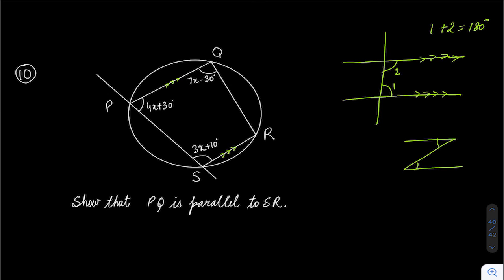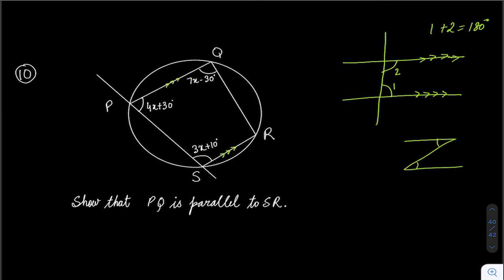And we can say the converse also: if angle 1 plus angle 2 is 180, then obviously these lines are parallel. So when they say show that PQ is parallel to SR, I have to prove that angle P plus angle S is 180. Okay, now I know what I have to prove.